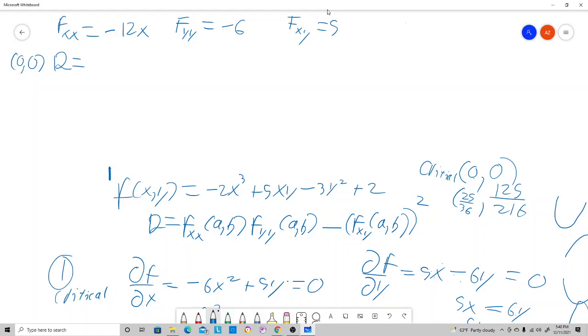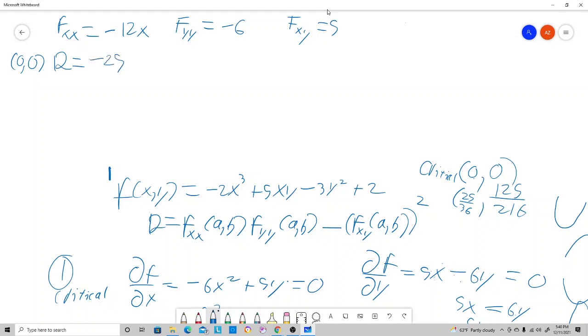It's going to make this 0. This is going to multiply to 0, that goes away. So now we have this fxy term, which would be a negative 25. So we will have a negative 25.